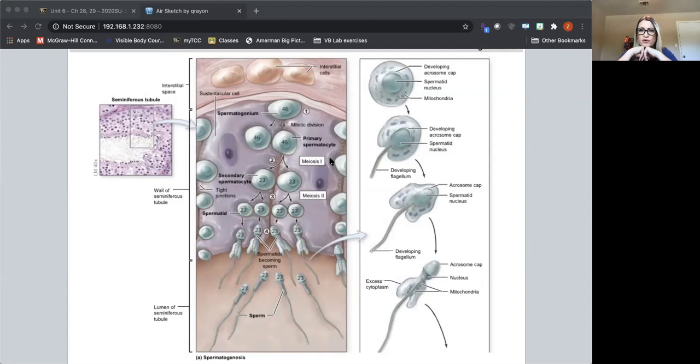We didn't create a new oogonium. So once you divide the oogonium, you're done. It's gone. You just have your primary oocytes. But with spermatogenesis, every time a spermatogonium divides, it creates a new spermatogonium. This gives males the ability to produce sperm forever, okay, until they die.